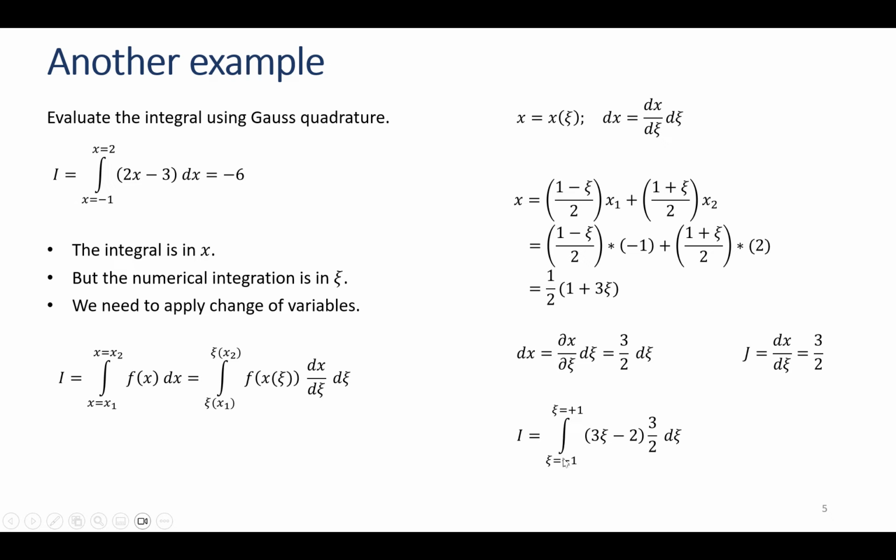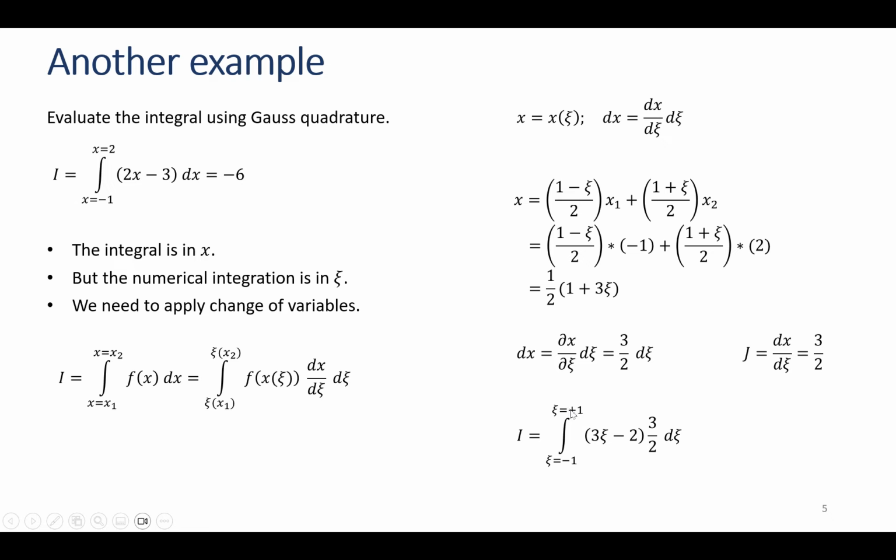So we get xi equal to minus 1 and xi equal to plus 1 at h1 and h2 respectively. And if we use x equal to this expression and simplify, we get 3 xi minus 2, and dx by d xi is 3 by 2 and d xi. So we have transformed this integral from variable x into this integral in variable xi.